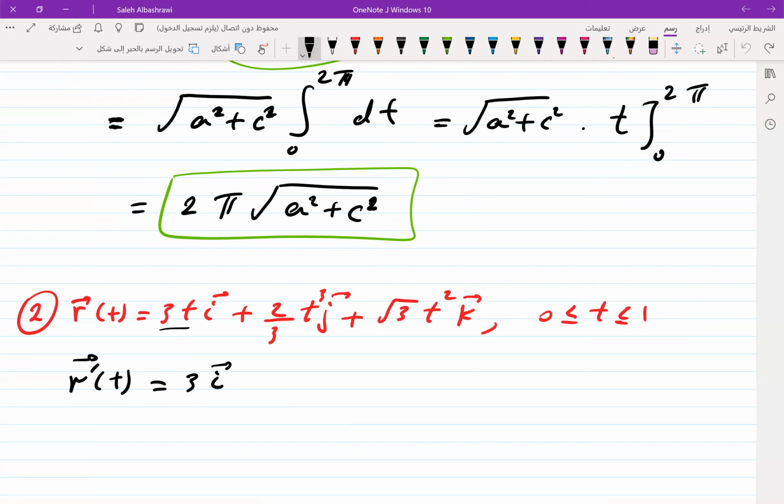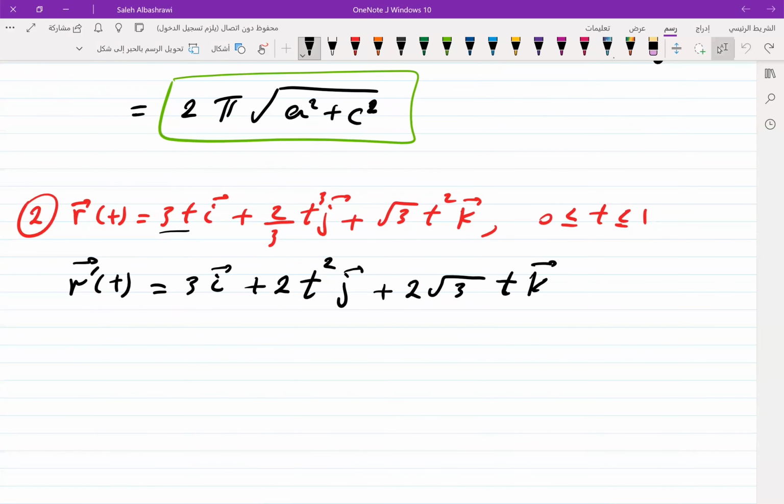The derivative of the second component will be 3t squared j. The derivative of the third component will be 2 square root of 3 t k. This is the derivative of the vector function.